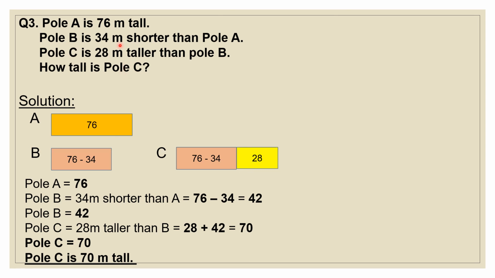So you need to read the question and do the steps properly. Read the question step by step and start solving. If you simply read the question completely, you will be confused as to what to do. Every single sentence has to be read carefully, and then you need to start solving.